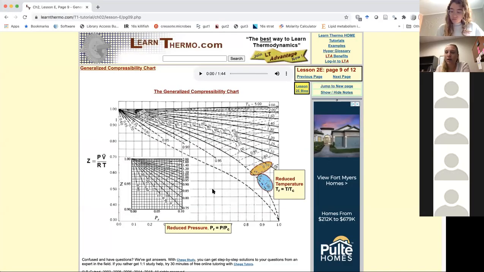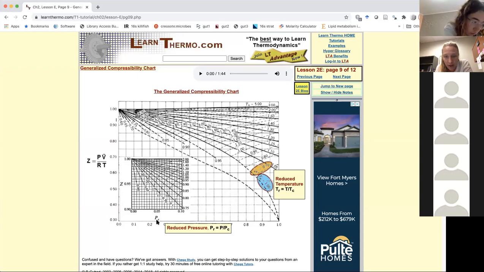So if we come to our generalized compressibility chart in the back of the book, we know our pressure reduced. We can use A, which is our pressure between 0 and 1. We're using that top one. Then we can go to 0.2 and then about halfway, 0.2 and 0.25 about. And then we're going to look for the temperature reduced line. That's about 0.86. It looks like that line's going to be the closest to this 0.85 line, so maybe a little bit above it.